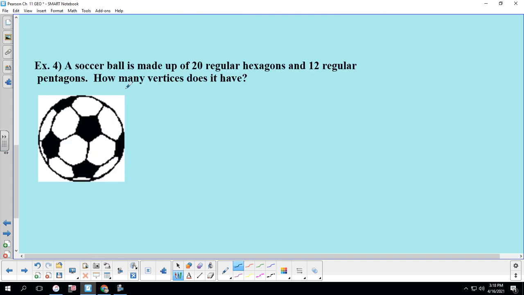Okay. A soccer ball is made up of 20 regular hexagons and 12 regular pentagons. How many vertices does it have? Okay, here. This is going to be exciting. You guys are going to love this. So what I want you to think about, like, oh, we know a hexagon has 6 sides, and we know we have 20 of those.